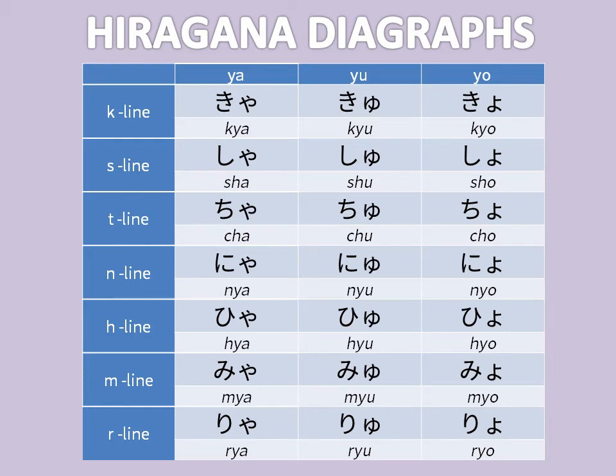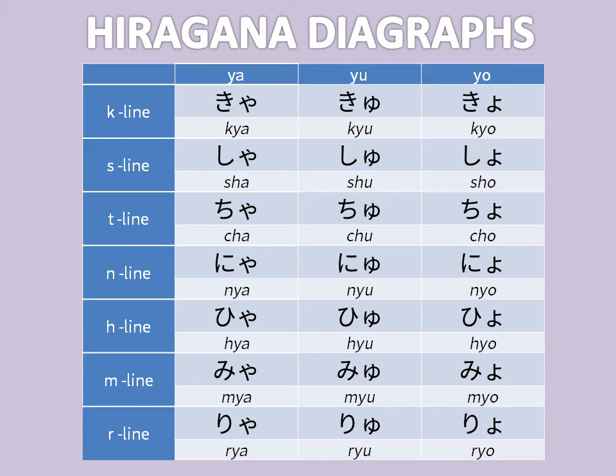Next, we move on to the hiragana digraphs. If you remember the ya, yu, yo from the hiragana basic table, we'll apply the ya, yu, yo in a little smaller text font to the existing hiragana characters to create more sounds.